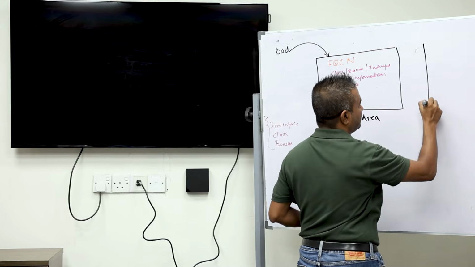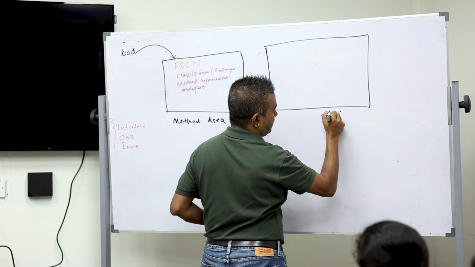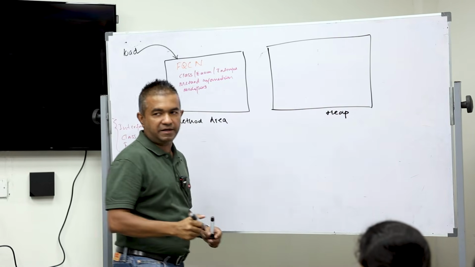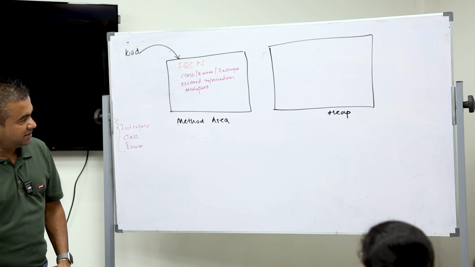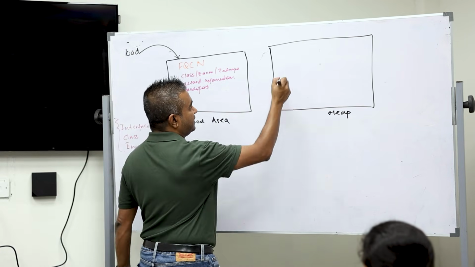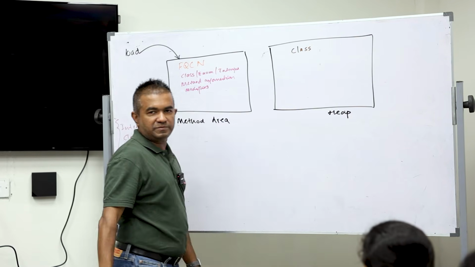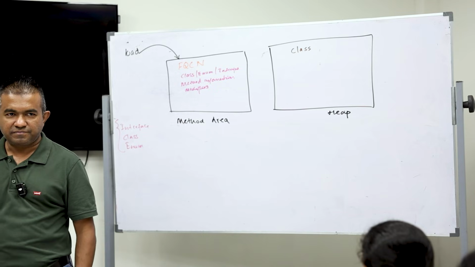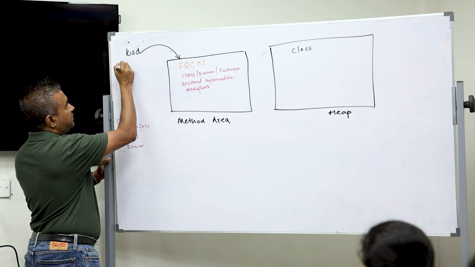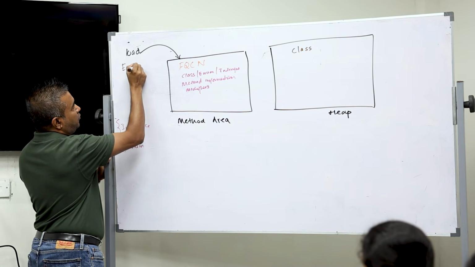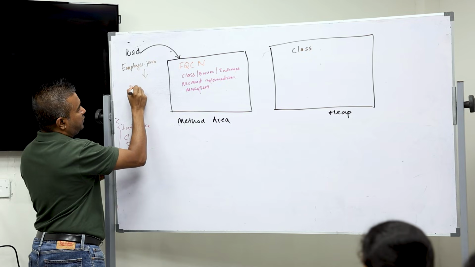Then what it does is, and this is very important, if you draw the heap here, the heap is dedicated to storing objects. So it creates a class type object. Let's say the class name is employee.java, which compiles to employee.class.